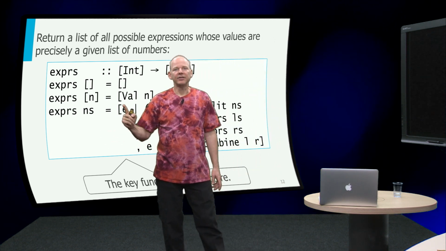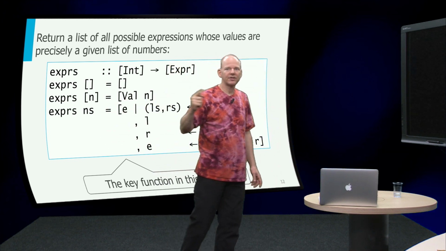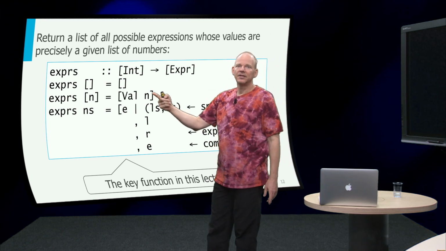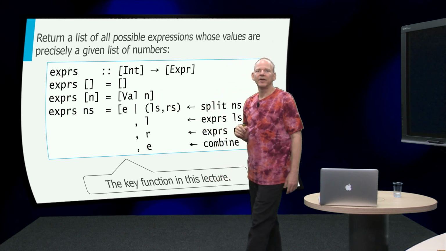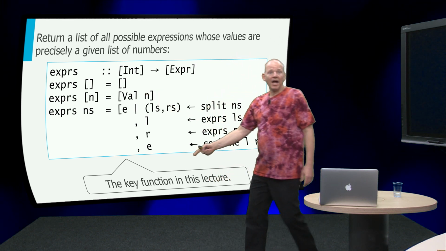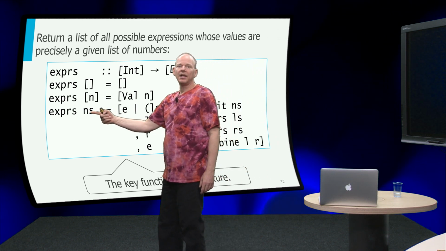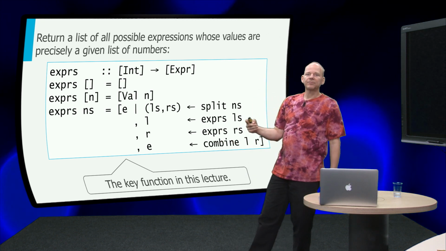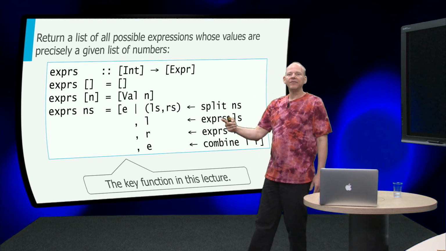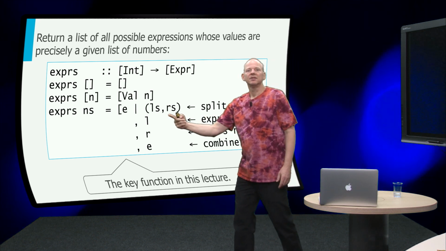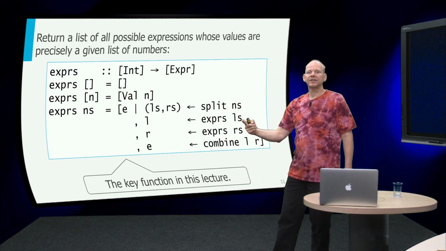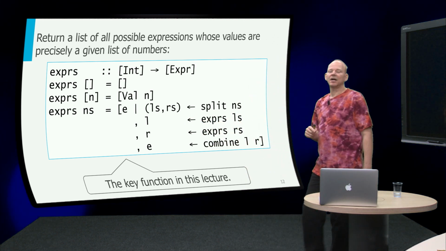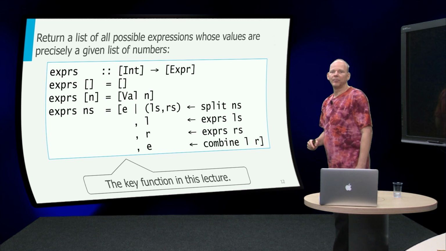If we are given a singleton list, the only expression we can build that contains that value is the expression that contains that value. Now, if we are given a longer list of numbers, how can we build all the expressions? We split the list and then recursively use the left side to create an expression, the right side to create an expression, and then we use our combine function to combine the two.